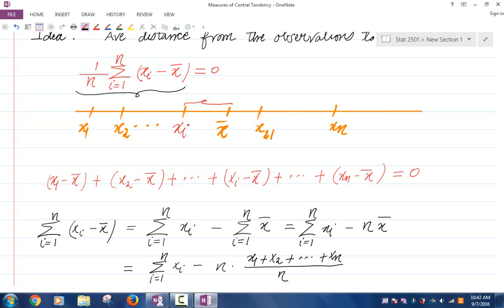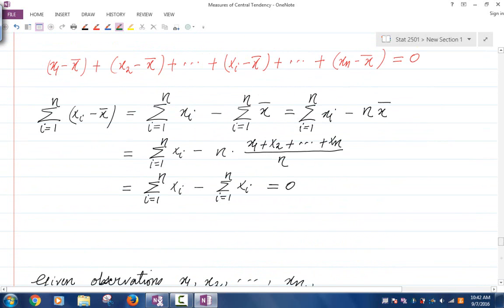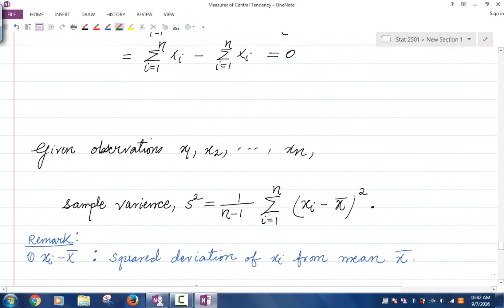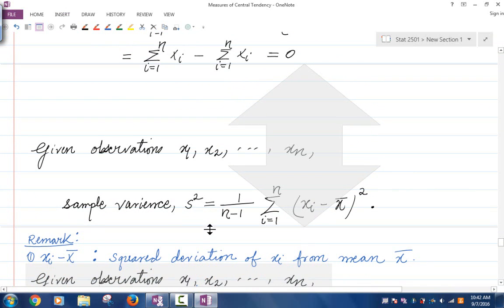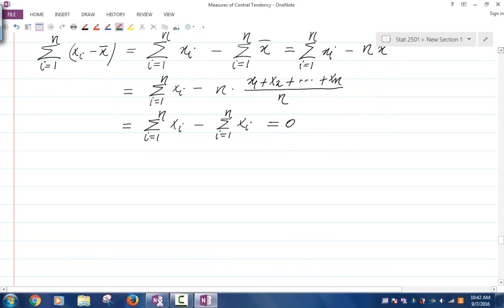So what would be my next idea? I have to create some space here. Let me know if you need me to stop to give you some time to write stuff down. My second idea would be, well, instead of looking at just the deviations, why don't we look at absolute values of the deviations?